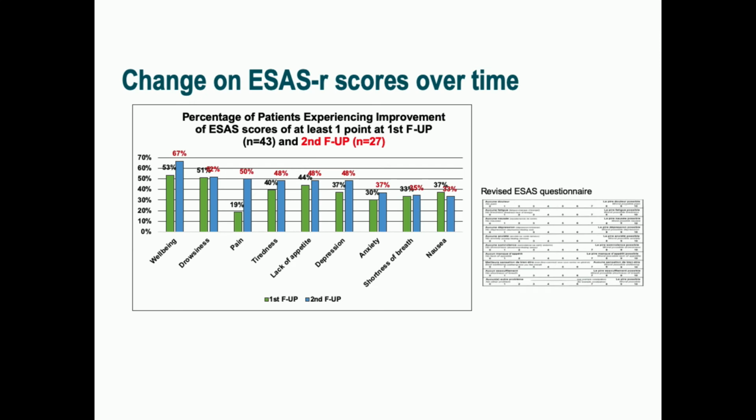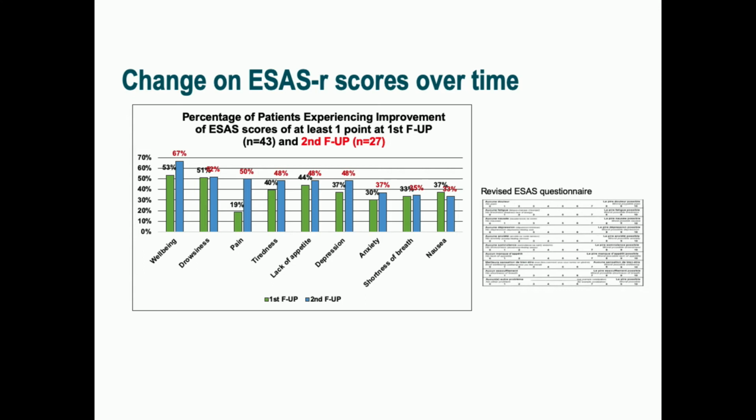So here is the effect. We considered a change in the ESAS if the patient had at least one unit of change, and you can see that these patients all improved consistently, but the best improvement happens at the second follow-up.